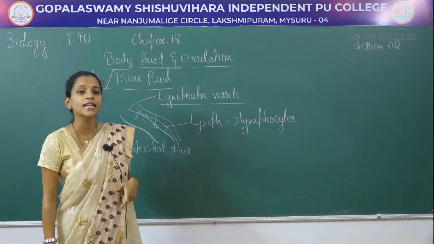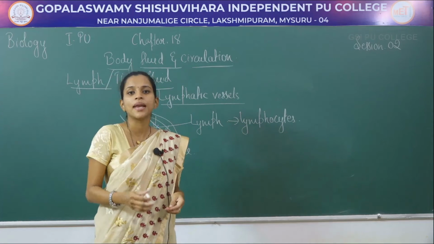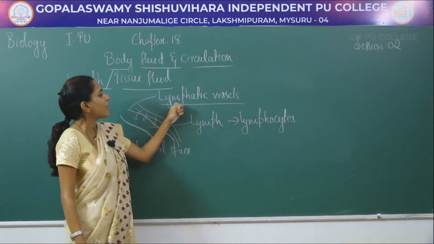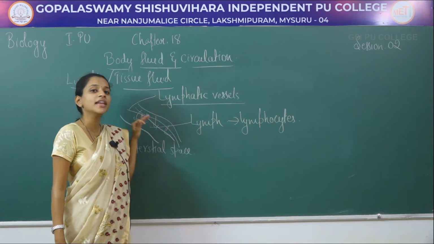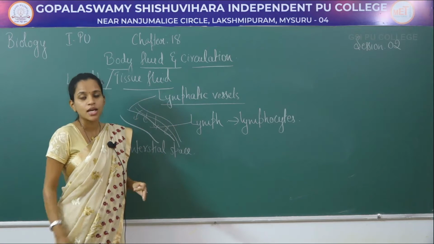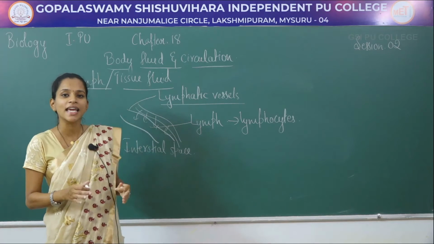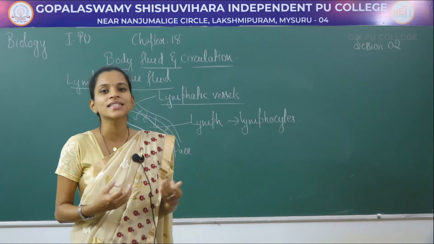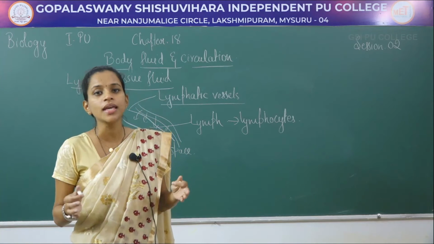These lymphocytes are defensive in function and play a major role in our immunity. When these lymphatic vessels collect the lymph, they drain it into the major vessels so that the cells can easily exchange the nutrients between themselves and the blood, and the exchange of gases will also be easier.